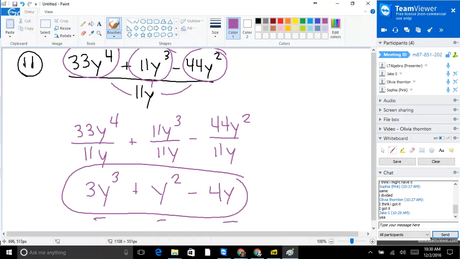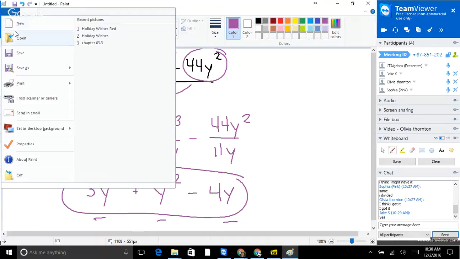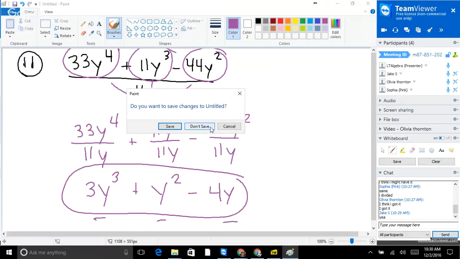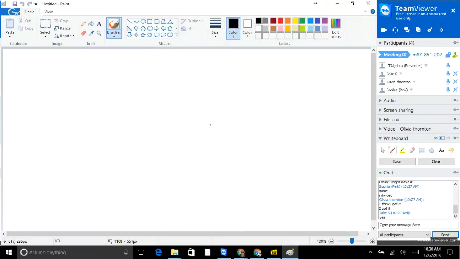Well, we're going to start doing something on Monday, and this is kind of the precursor to this. So what we were doing is we were dividing out a term from that expression.